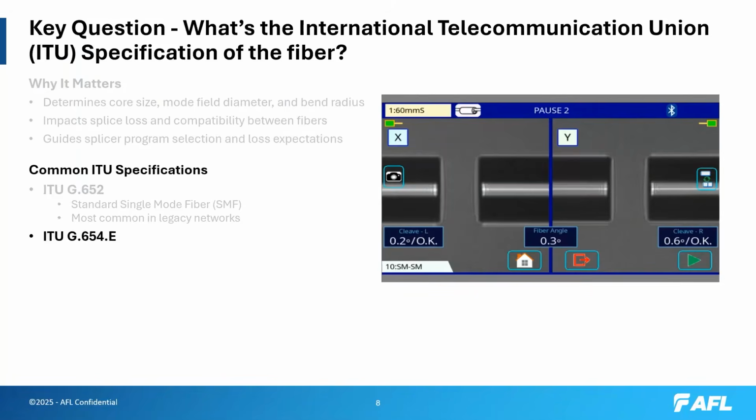G.654E, this is large mode field diameter fiber. In the industry, you may use the term LEAF, large effective area fiber. It's typically used in the long haul networks. Very common in the long haul systems of AT&T, Verizon. Some of these terrestrial systems in the utility world will use a large effective area fiber.